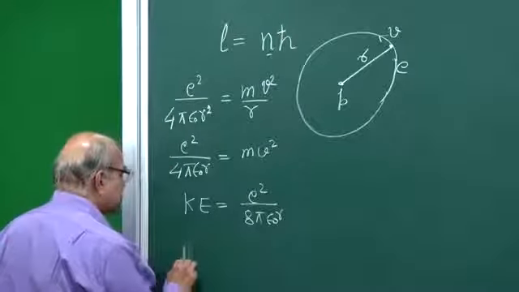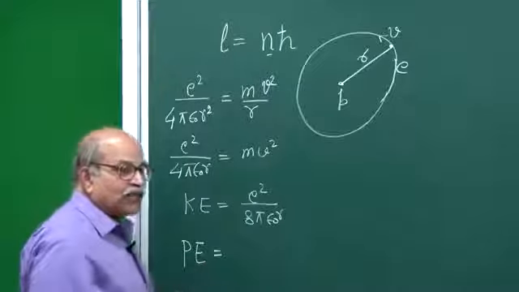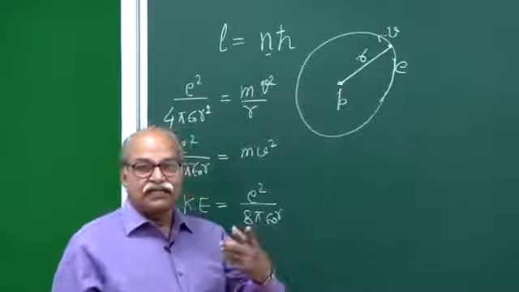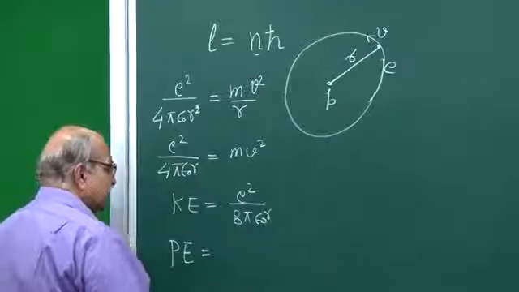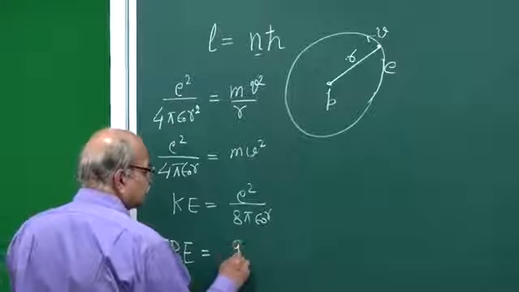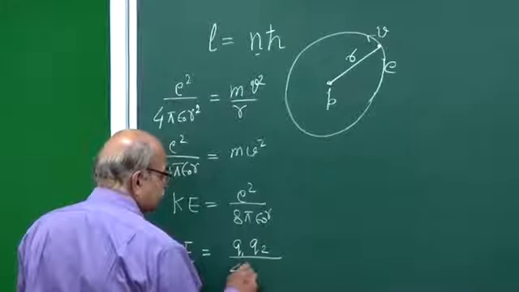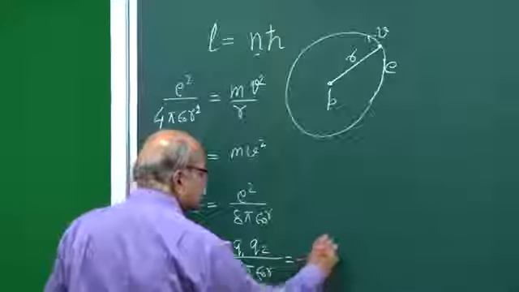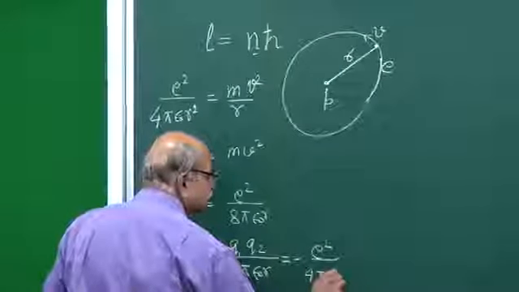And potential energy is q1 q2 divided by 4 pi epsilon naught r. Here the electron has negative charge, the proton has positive charge, so this potential energy is equal to minus e square over 4 pi epsilon naught r.